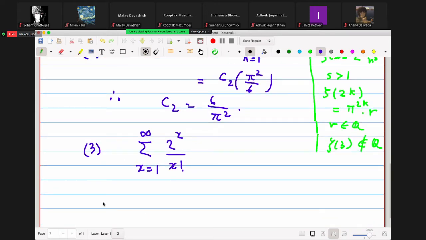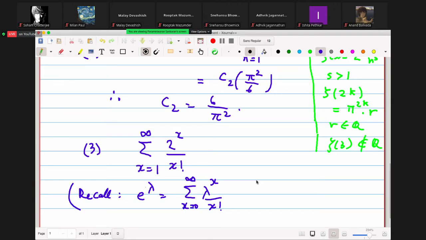recall, e power lambda is equal to the summation of lambda power x by x factorial, but this begins from 0 onwards, x equals 0 to infinity.